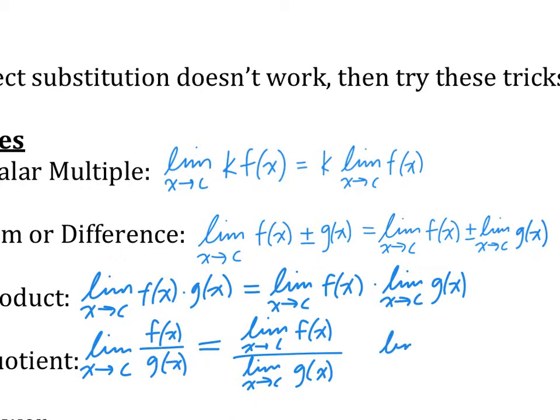But you need to make sure that the limit as x goes to c of g of x is not 0, because you cannot divide by 0. So all this is pretty intuitive. You probably would have thought about doing the same thing, but we're just writing it down so that you have something for reference later.